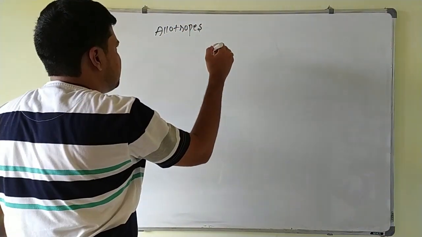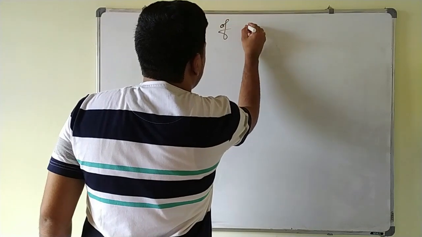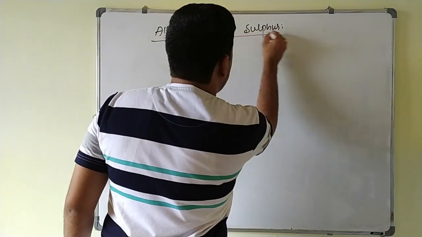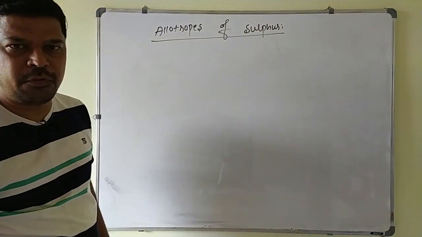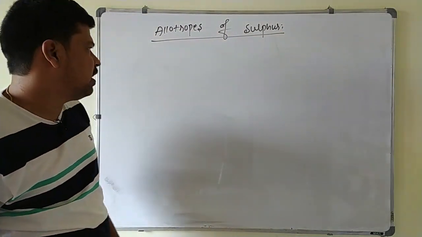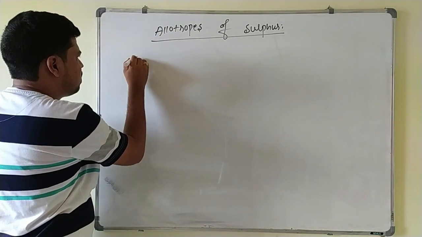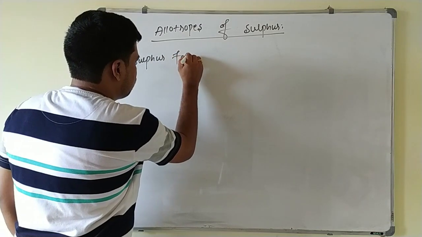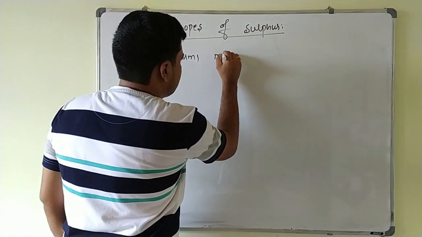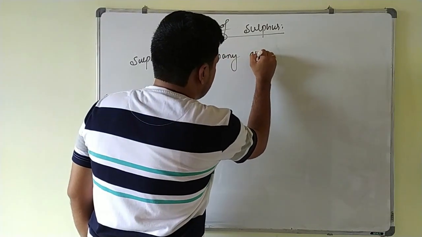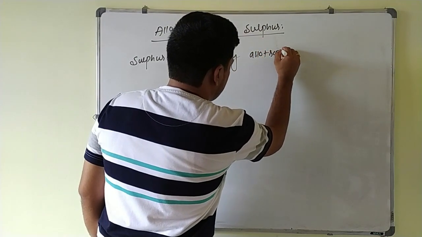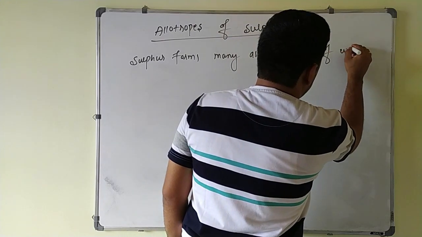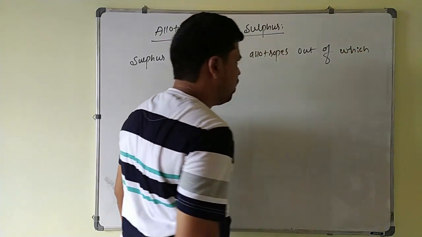Now we will discuss in detail allotropes of sulfur. Sulfur forms many allotropes, out of which only the rhombic and monoclinic sulfur are important.